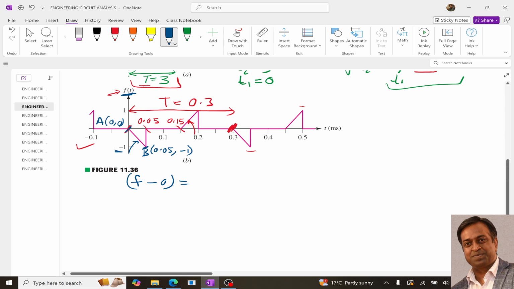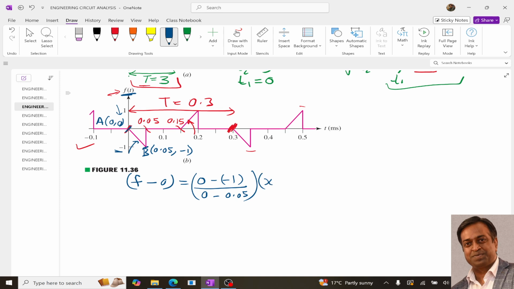So it is f minus 0, and the slope is like 0, this y component minus -1 upon 0 minus 0.05, and x, t minus 0.